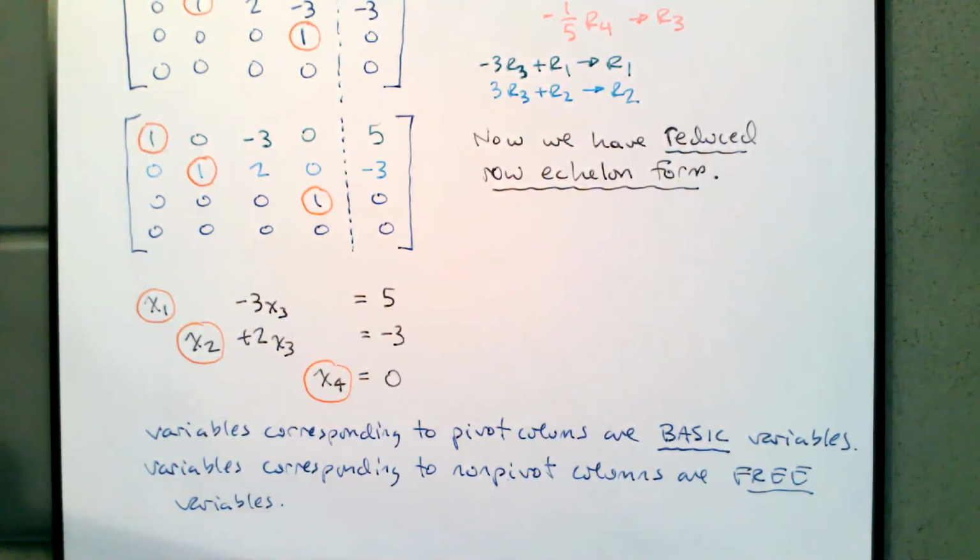What we want to do is write the general solution. We want to be able to write essentially a formula for how to write a solution set to the linear system.